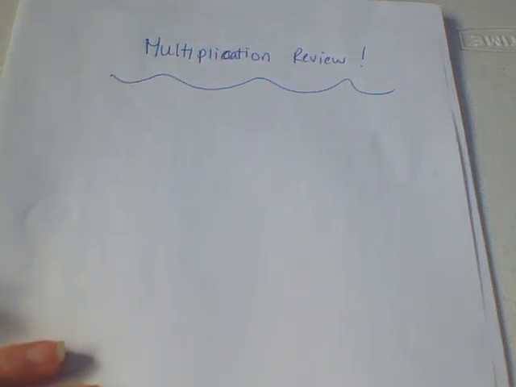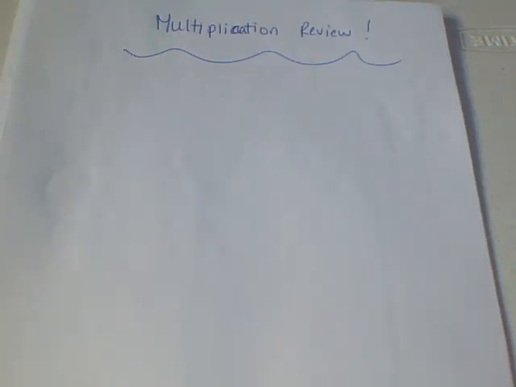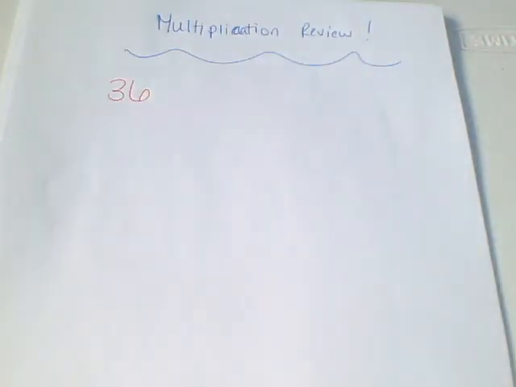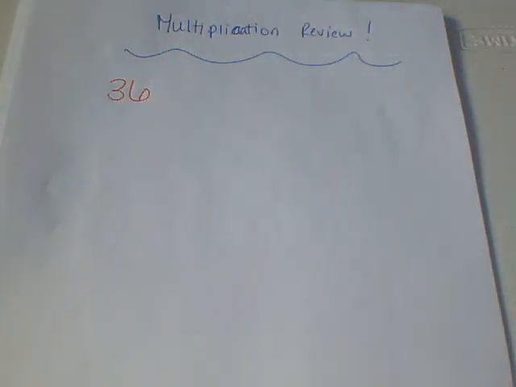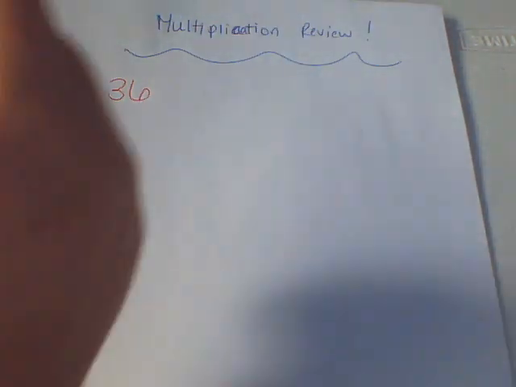Let's do a quick multiplication review, because you're going to see a lot of this on your test. You might see something where you have the number 36 and they say they want you to triple it. Well, if you triple 36, that means you're multiplying by 3.